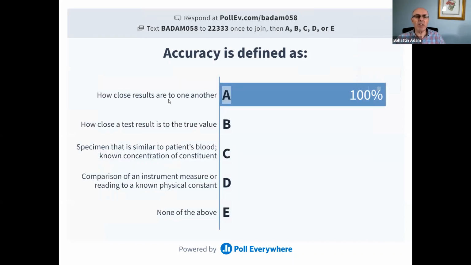How close results are to one another is the precision. How close a test result is to the true value is accuracy. Okay, the correct answer is B.